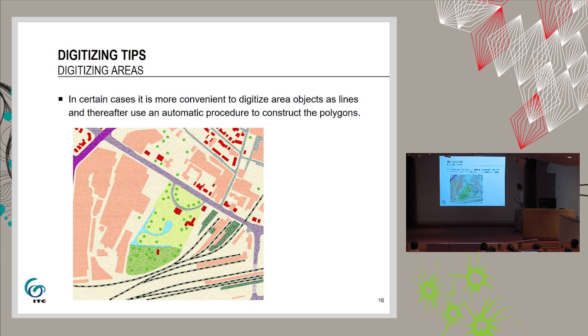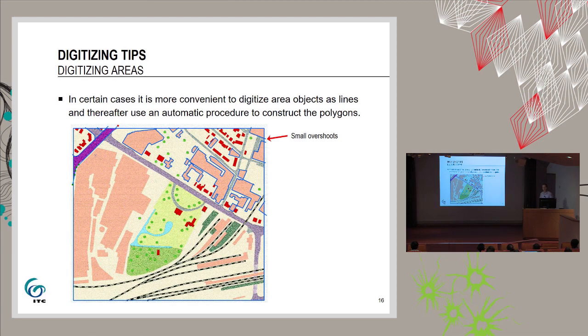This is a land cover map. And the roads are very complex. Also these areas are rather complex. So what has been decided is to digitize first the line work. So the lines of the areas. They are not directly digitized as areas, as polygons. They are just digitized as line work.